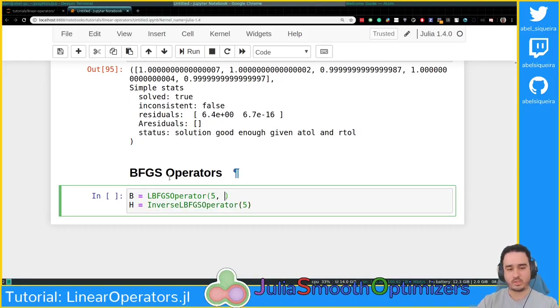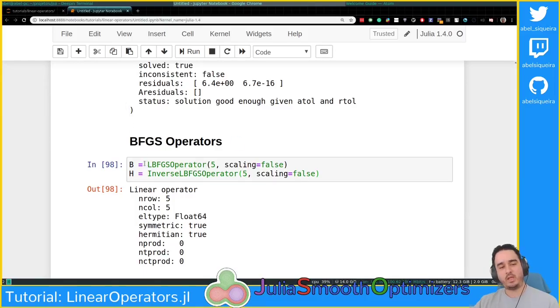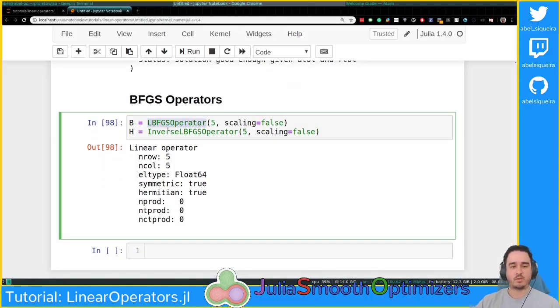I have to use a scaling equals false. Okay, I have B, which is an LBFGS operator, and an H, which is an inverse LBFGS operator. BFGS is the kind of quasi-Newton approximation.